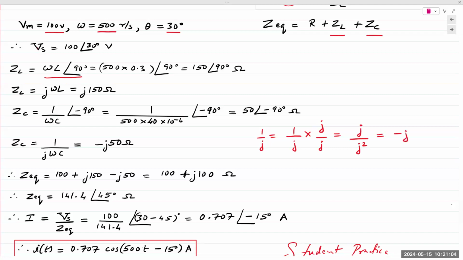And you get minus J. So the reciprocal of the imaginary number is the negative imaginary number. 1 over J is minus J. Hence, 1 over J omega C gives you minus J50. If you convert minus J50 to polar coordinates, you get 50 with the angle of minus 90, pointing straight down. Inductor pointing straight up. Let's take a pause. Let me know if you have any questions.